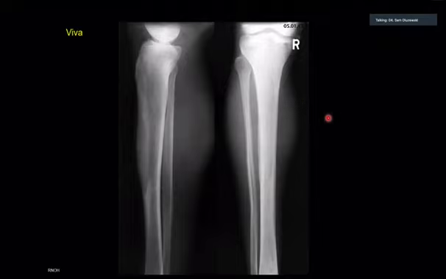Okay, I'm presented with frontal and lateral radiographs of the tibia and fibula of the right leg of a skeletally mature patient. There is an abnormality centered in the proximal part of the tibia, which is primarily composed of lytic change in the bone, mostly cortically based, but extending into the medullary cavity as well, with associated bony expansion.